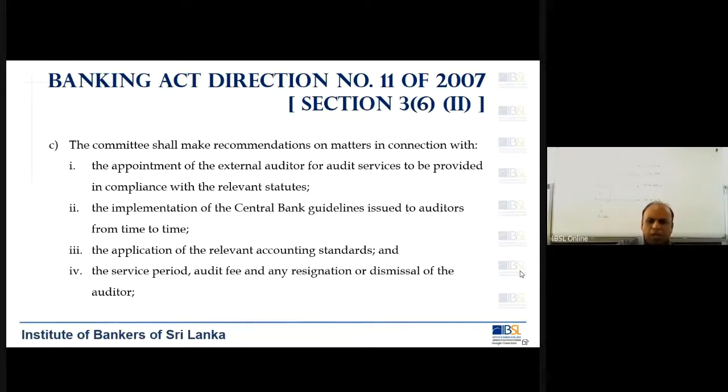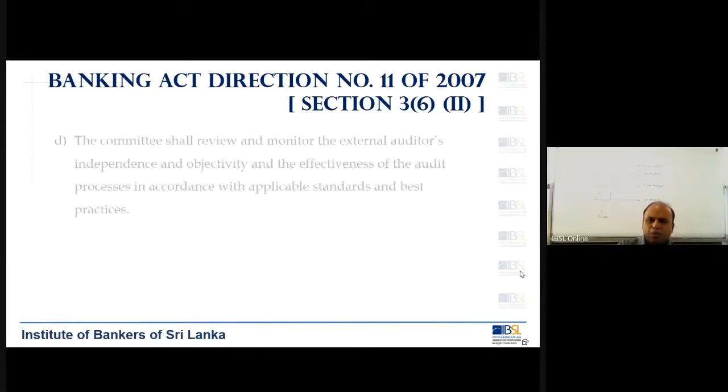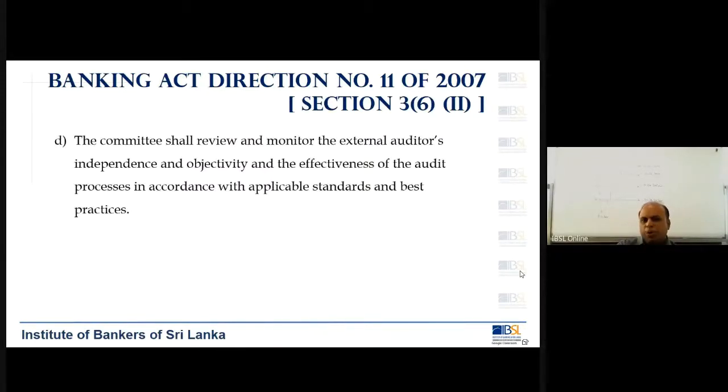All those are very important. In addition to that, this audit committee will also decide what is the fee that should be paid to these external auditors, and when they are supposed to be appointed and when they are dismissed. All those come under the purview of the board audit committee.